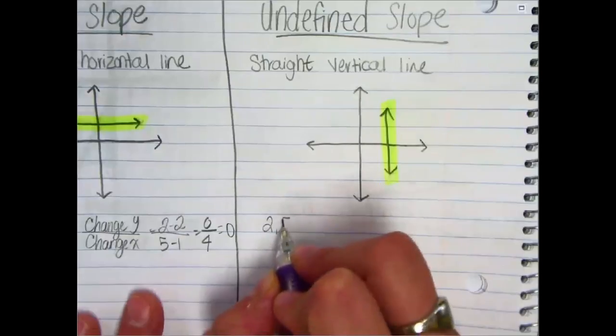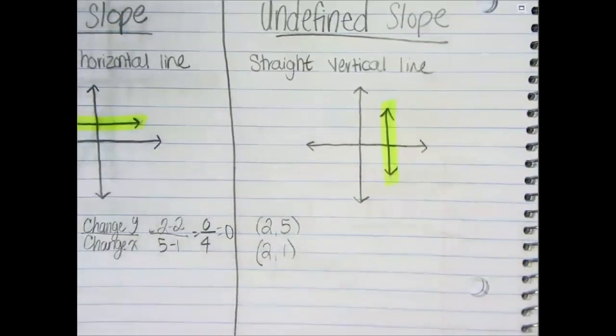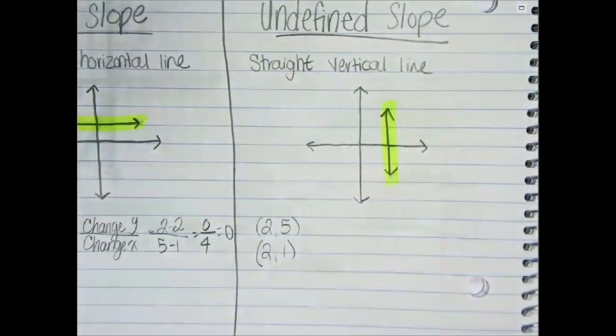Let's say I have the points (2, 5) and (2, 1). I have the same x value, so I know it's got to be a vertical line. Do you agree? So if zero slope was no change on the y values, what do you think undefined slope is going to be? No change on your x values.